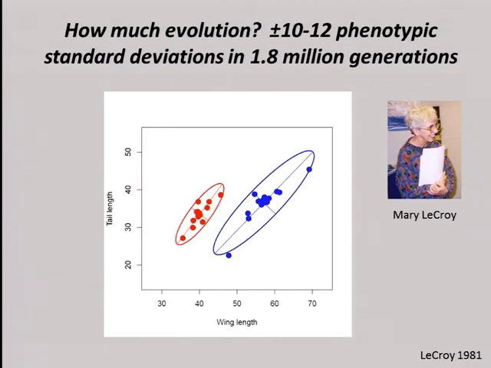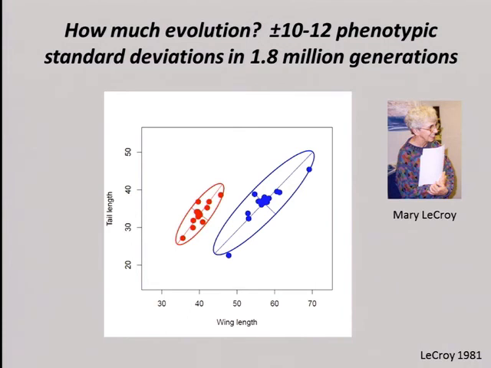Whichever trait we look at, the width of the radiation is about 10 to 12 phenotypic standard deviations. We're sampling from the end of a little radiation that's been spinning out there for 9.3, 9.4 million years. With a generation time of 5 years, that comes out to about 1.8 million generations.